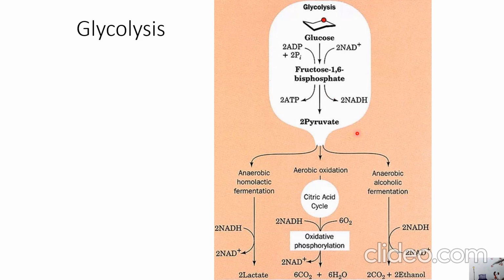So after pyruvate is formed, either we can go for anaerobic homolactic fermentation where lactate is generated, or we can go for anaerobic alcoholic fermentation where ethanol is generated, or aerobic oxidation where it goes to the citric acid cycle and then to oxidative phosphorylation.